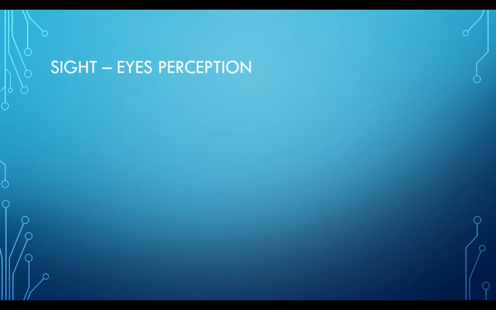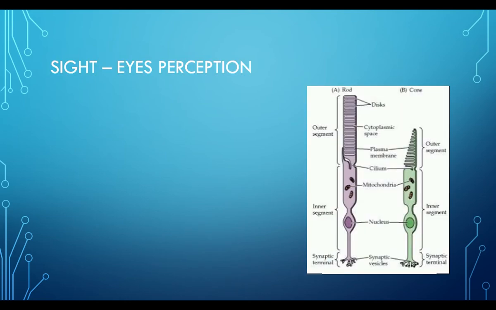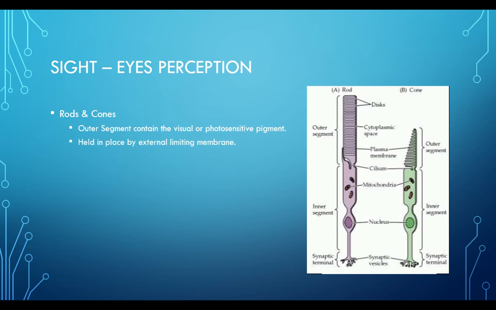Sight, eyes, perception. Sorry. So on the right, you see a figure where the purple is a rod and the green is a cone. These occur in the retina, which allows for photoreception, and the rods and cones each have an outer segment that contains a visual, or photosensitive, pigment, held in place by an external limiting membrane.